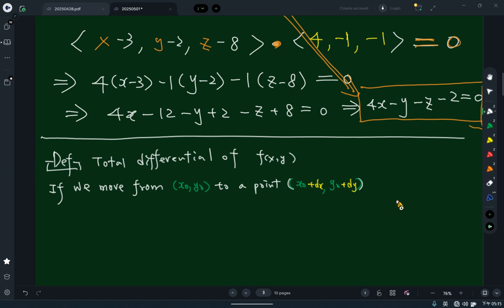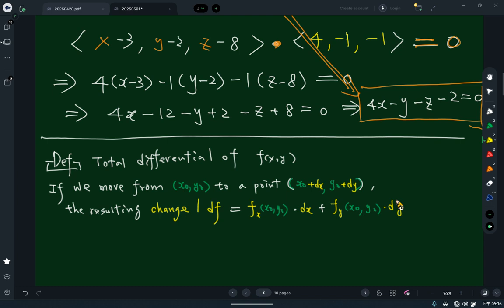which the resulting change df can be defined as partial f partial x at (x0, y0) times dx plus partial f partial y at (x0, y0) times dy.